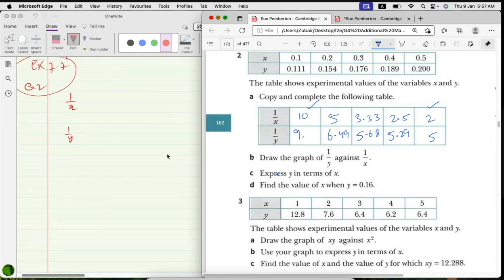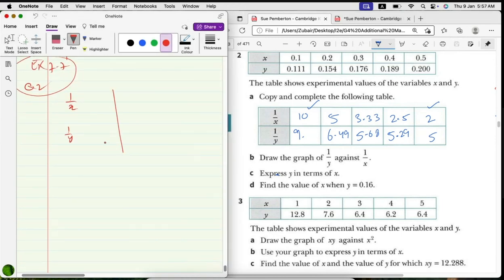So draw the graph of 1 over y against 1 over x. X is decreasing, y is decreasing. So this would be the shape. And then express y in terms of x. Already know that this is 1 over y. This is 1 over x. The gradient, I'm using the first and last value. X9, Y10, X2, Y5.